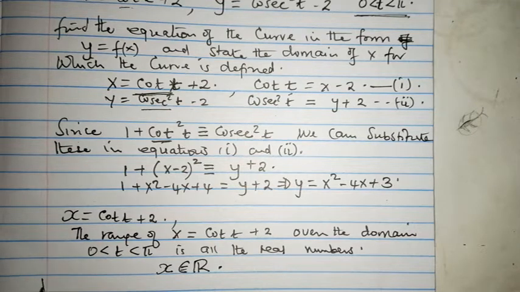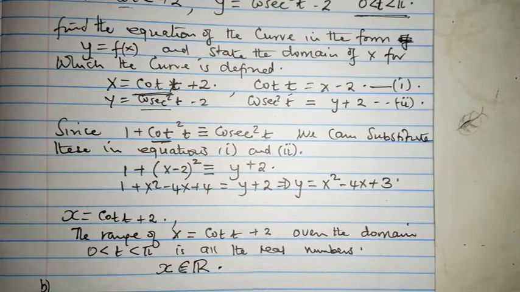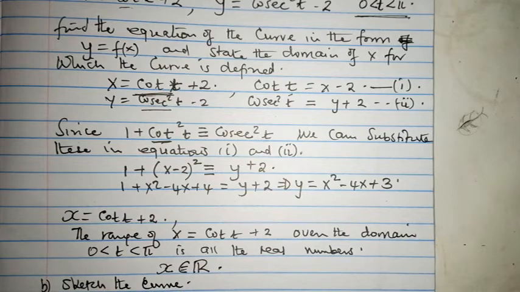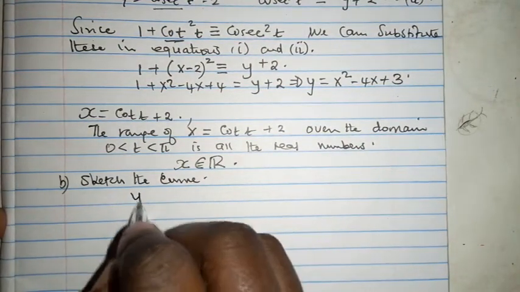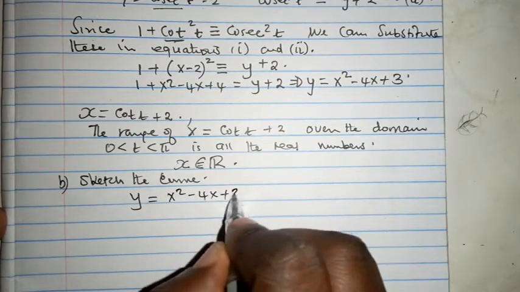So part B, we are supposed to sketch the curve y equals x squared minus 4x plus 3.